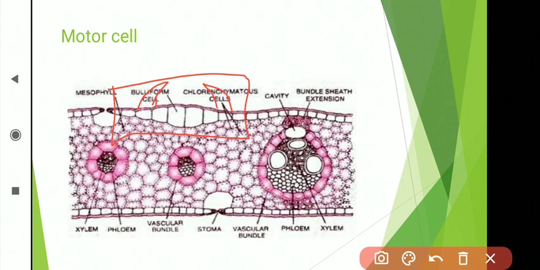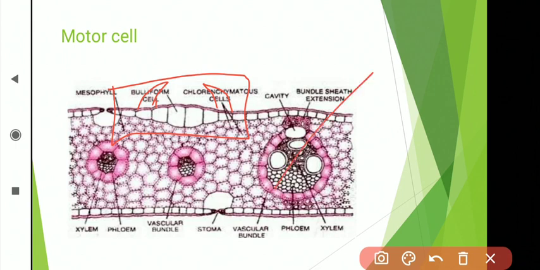So the function of motor cells is rolling or unrolling of the leaf, or the sudden and rapid expansion of these cells causes unfolding of the young leaf lamella. So this is all about the epidermal tissue system, which constitutes different elements like stomata, trichomes, glandular hairs or motor cells, etc.